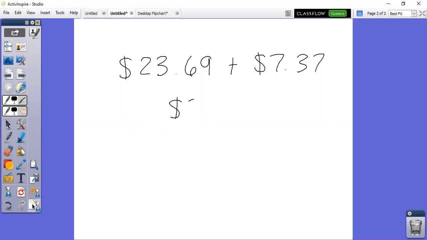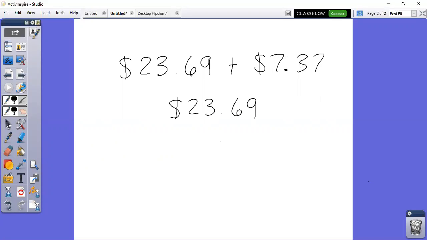So the first thing you do, you need to write it kind of up and down, right? You want to write it vertically. $23.69. Then I'm going to put my decimal right under that decimal, okay? So the number to the left of my decimal is 7, right?